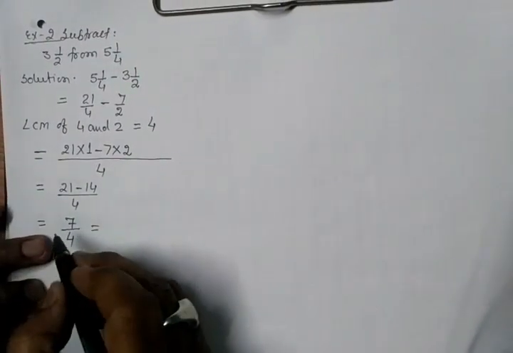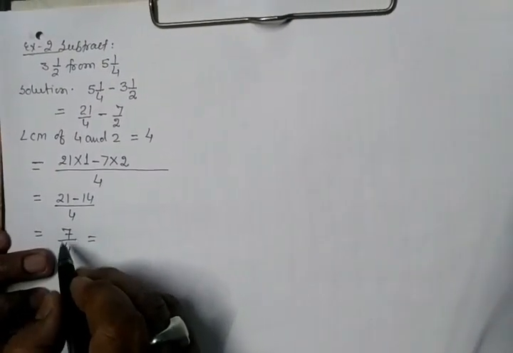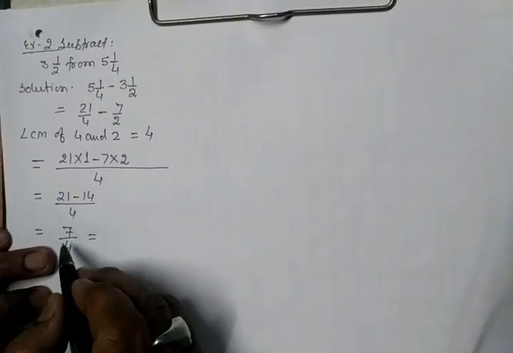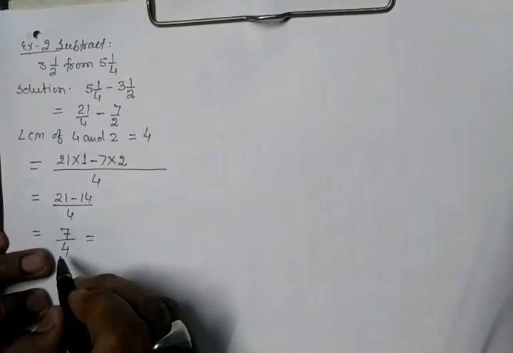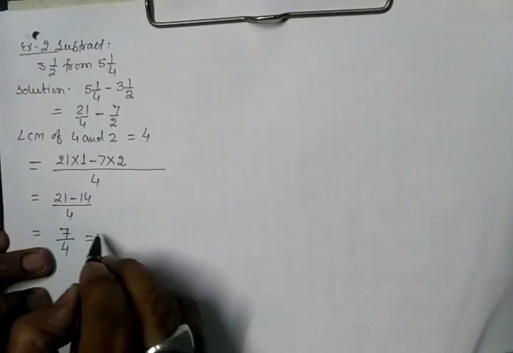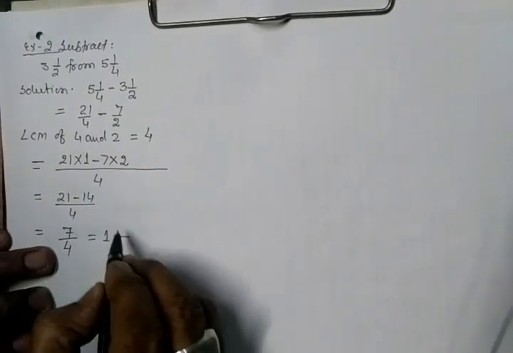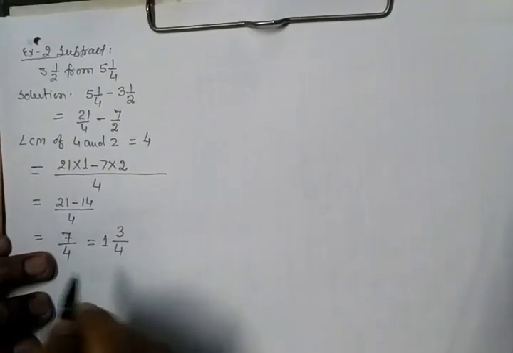This is an improper fraction, so we change it into mixed, because the numerator is greater than the denominator. So 4 1s are 4, 1 whole 3 by 4.